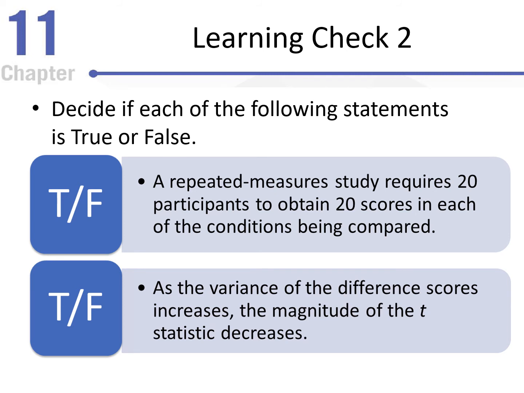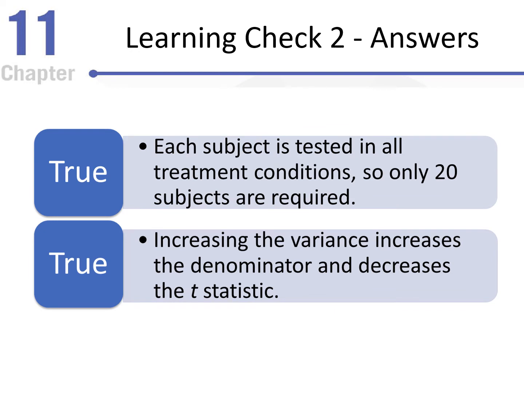So if the mean difference in the numerator stays the same and the variance gets bigger, the denominator is getting bigger, the numerator is staying the same, and therefore t is getting smaller. So these are both true statements. If each subject is tested in all treatment conditions, and there are 20 subjects, then you only need 20 subjects, right? And if there's 2 conditions and you have 20 subjects, they're tested in both conditions. That makes sense. If you increase the variance of the denominator, obviously, that decreases the t-statistic.